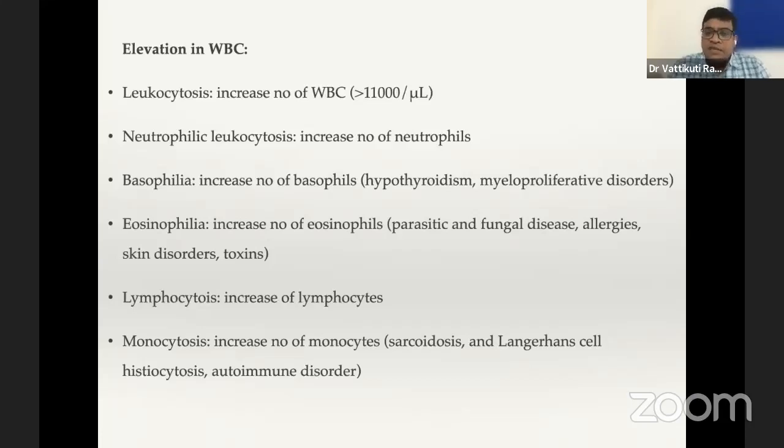There are other causes of monocytosis like Langerhans cell histiocytosis, sarcoidosis, or autoimmune disorders. You can look at the leukocytosis as a whole, where it is most commonly an indication of infection, or you can look at which individual component of the leukocytes is increasing specifically, and that will give us a clue what exact pathophysiology is happening with the patient.